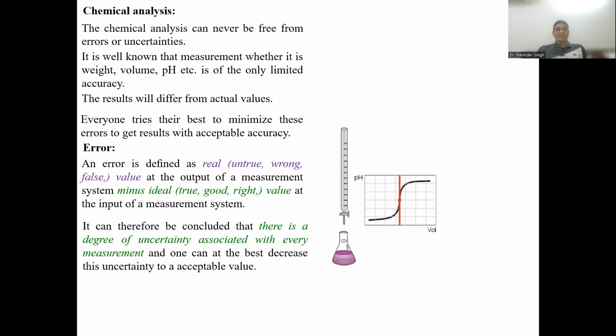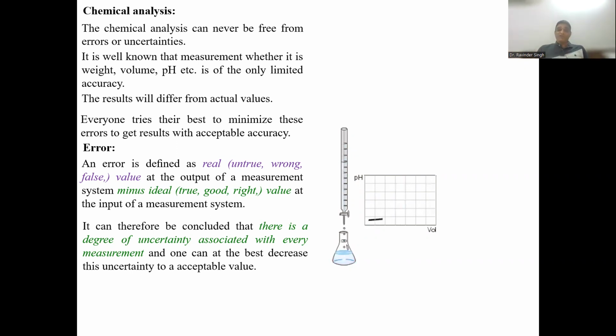Means we all, when we are doing the experiment, we are doing our best in such a way that we want to decrease this uncertainty to an acceptable value. For example, teacher is saying that the error must be only up to a level of 0.1%.